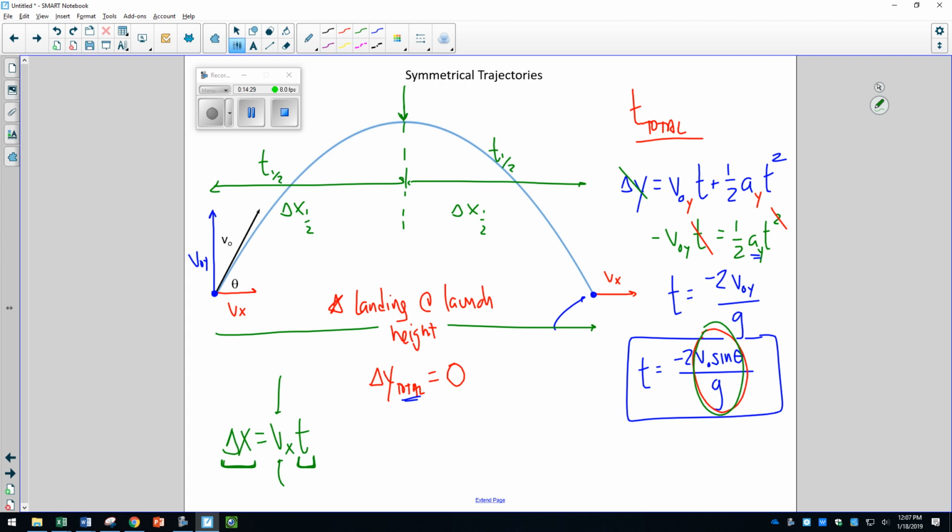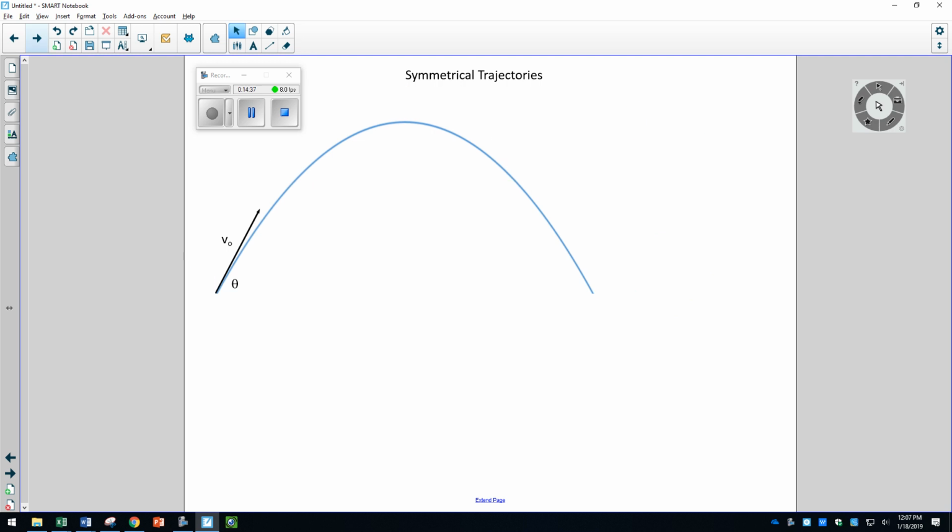Okay, here's something else we can say. And again, I sort of mucked up, I'll go to a new slide. Ready? Okay, so if we go to this slide, here's our initial vertical velocity, v naught y. Well, in some amount of time, that vertical velocity changes to 0. Now again, here's half the time.